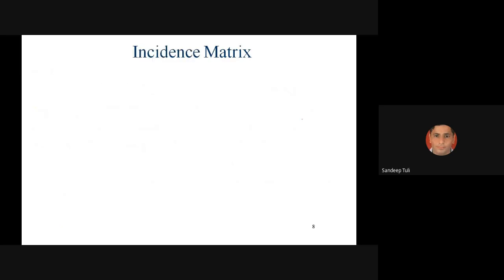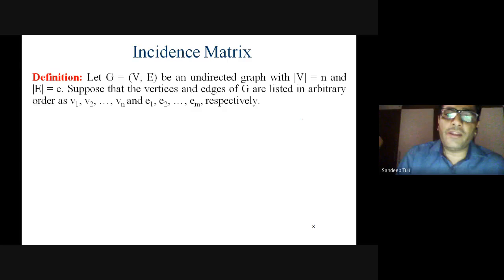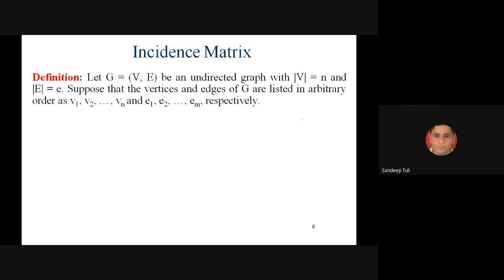Now coming on to the incidence matrix. As in the adjacency matrix, we have seen we tried to find out the adjacent of a particular vertex. Adjacent means neighbour, we were identifying that. Now in this, we will try to find out the incidence of an edge, that is, on which vertex an edge is falling, or vice versa, which edge is incident on which vertex.